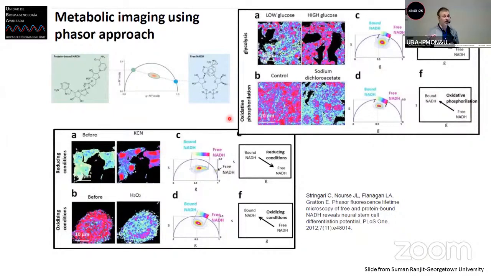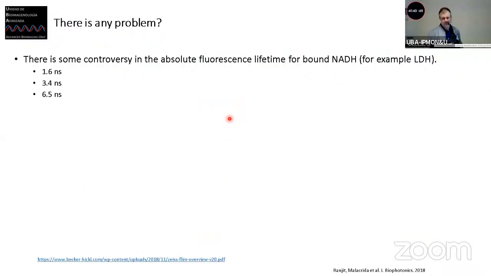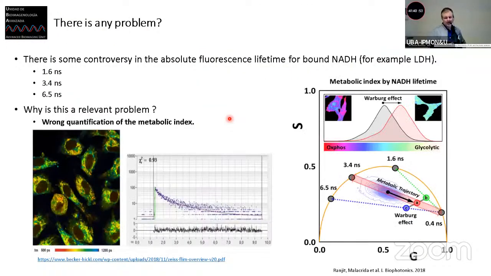When we have a longer lifetime, so we have more bound NADH, it is because the cell prefers to go to the phosphorylative oxidation of glucose. So using just this ruler of the Phasor of free and bound, we can build this metabolism. And this is really useful now for diagnostics, for understanding many effects of drugs in cells, and many other things. So I will move quickly because I am a little delayed.